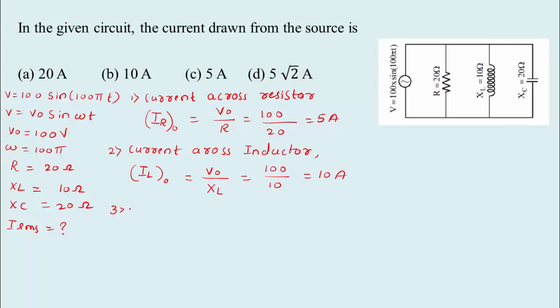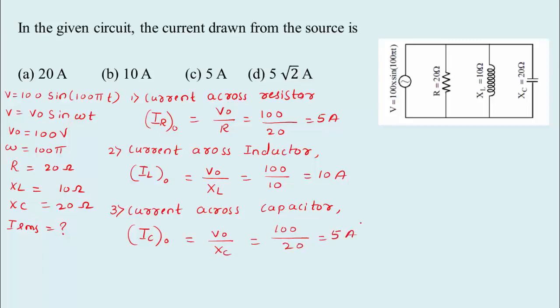Similarly, in the third case, the current across the capacitor, IC naught, the maximum current across the capacitor, is V naught divided by XC, equal to 100 divided by 20. So we got 5 ampere. This is the maximum current across each circuit element.